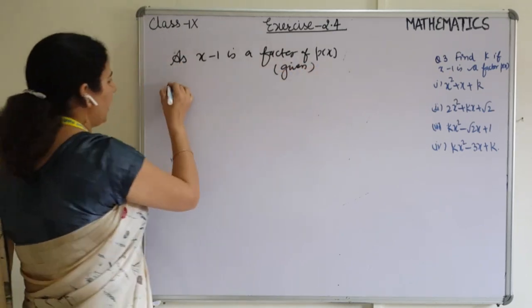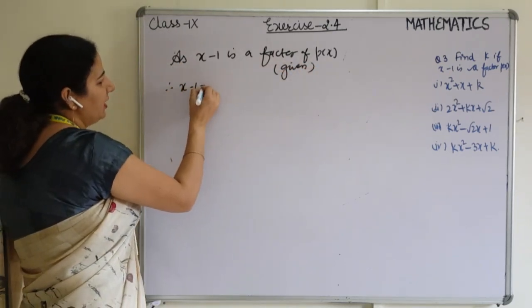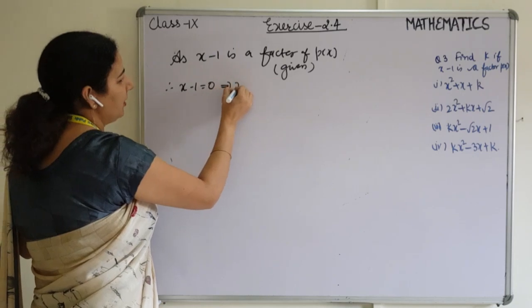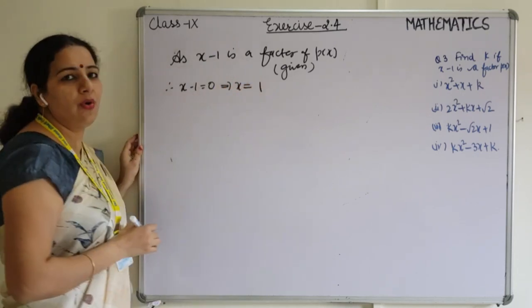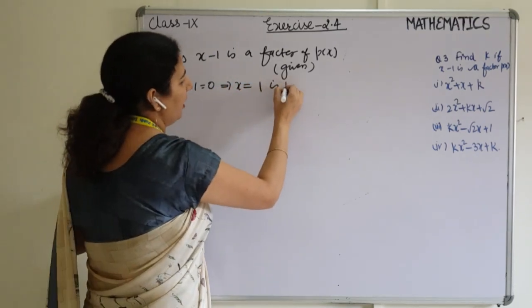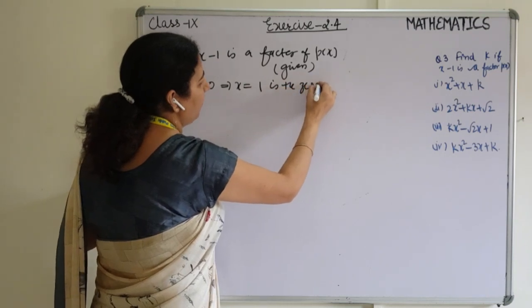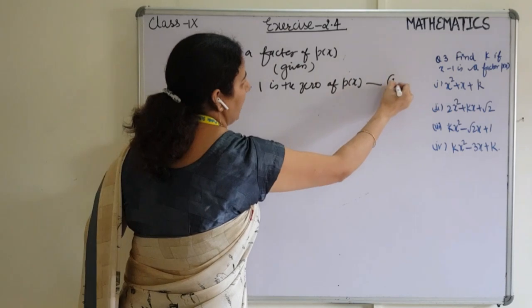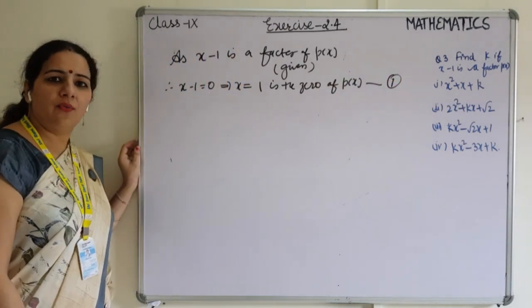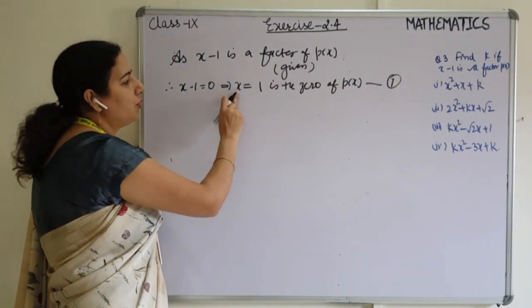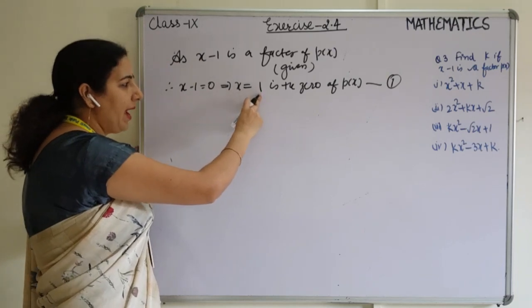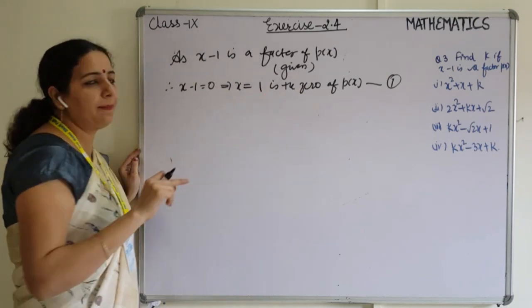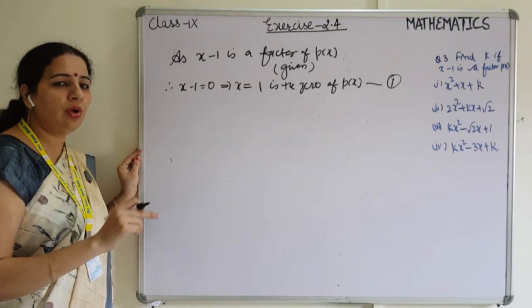So what we can write, therefore x minus 1 equal to 0. This implies x is equal to 1 is the 0 of the polynomial px. Name this as equation number 1, because whenever we put x is equal to 1, we can always put px is equal to 0.